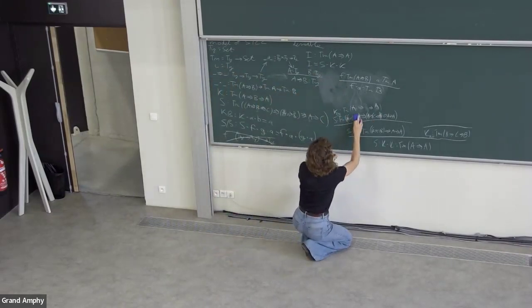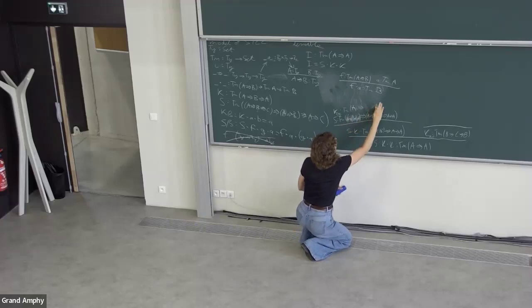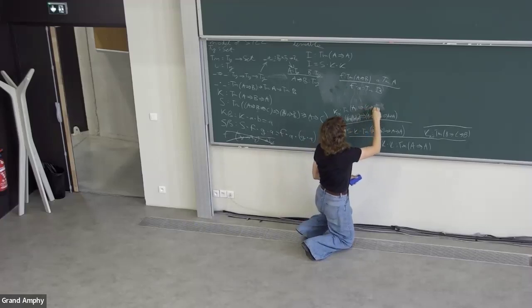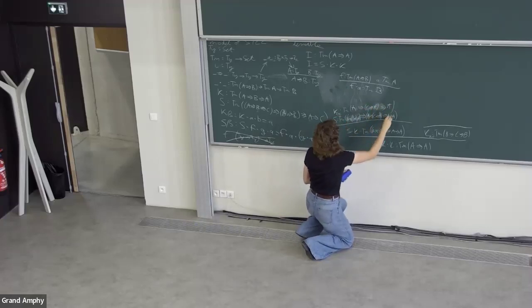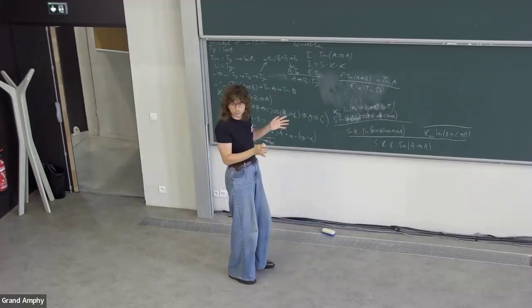So let me just write this again. This is A arrow C arrow A arrow A. And then here, this one is also A arrow A. And then there's no other constraint.